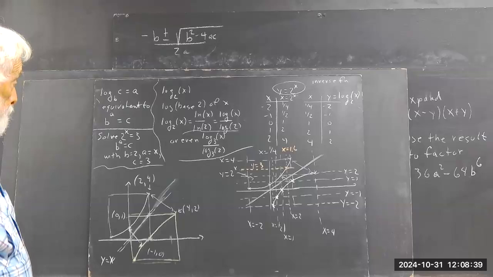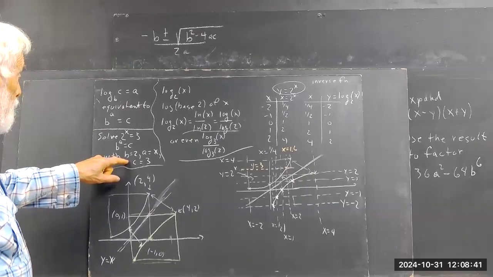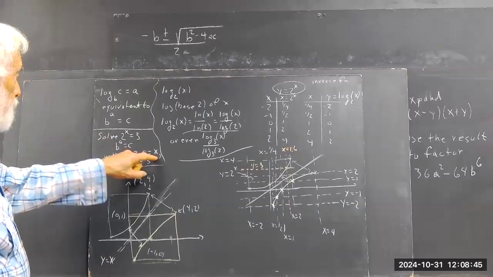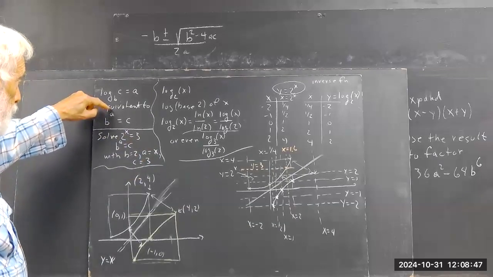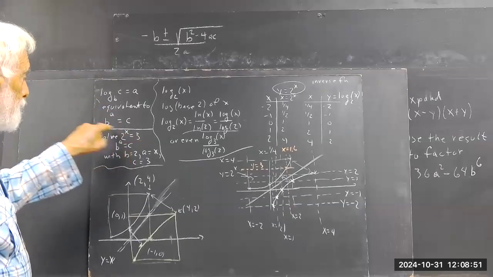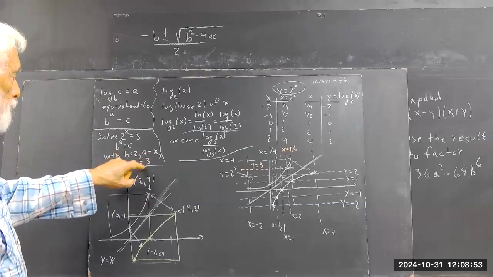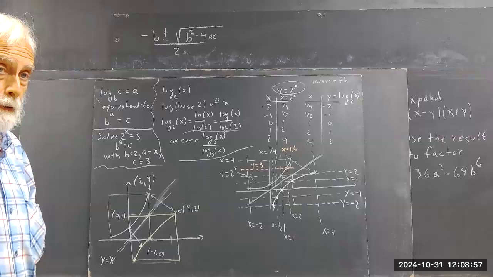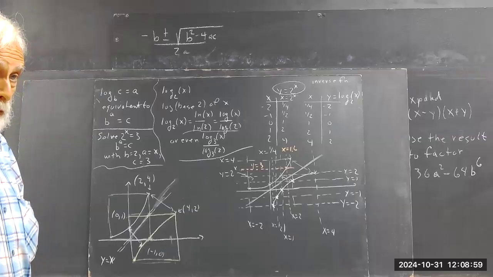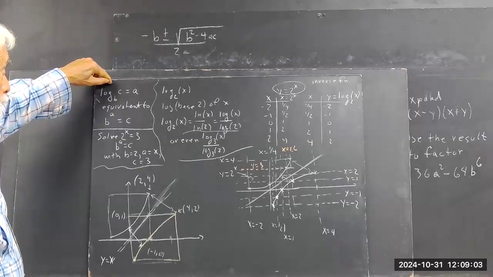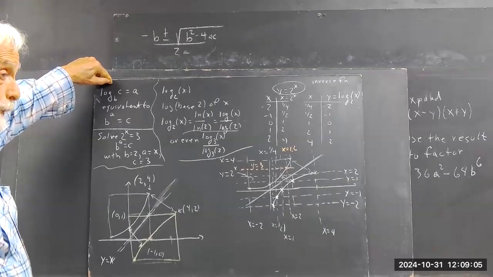If b is 2, then you have 2 here. If a is x, then you have x. That's 2 to the x, and it equals c, which is 3. So for these values of a and b, that's this equation. So for those values of a, b, and c, what is this equation?